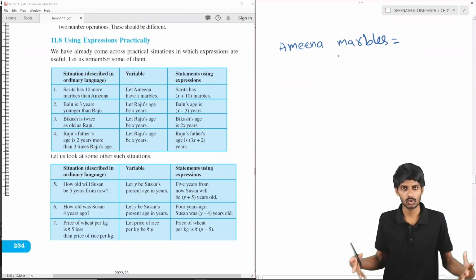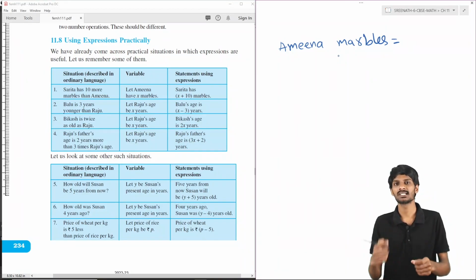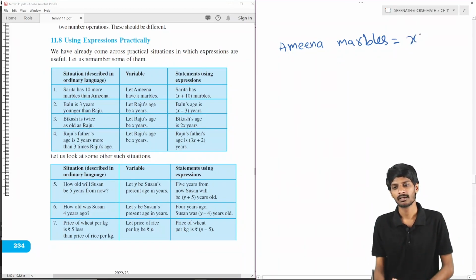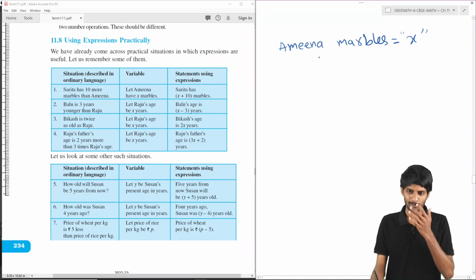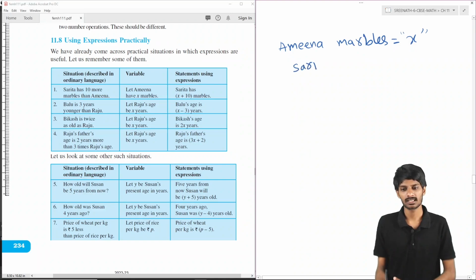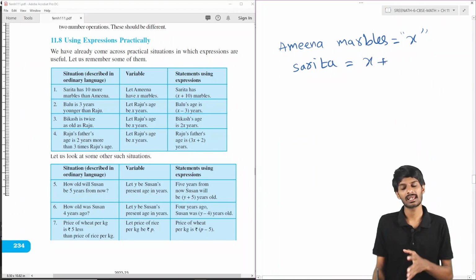Whenever there is an unknown quantity, we represent it with a letter, with a variable. So Amina is having x marbles. Then how many marbles is Sarita having? What we know is Sarita is having 10 extra marbles than Amina. Amina is having x, and 10 extra, 10 added to Amina's, that is x plus 10 marbles.